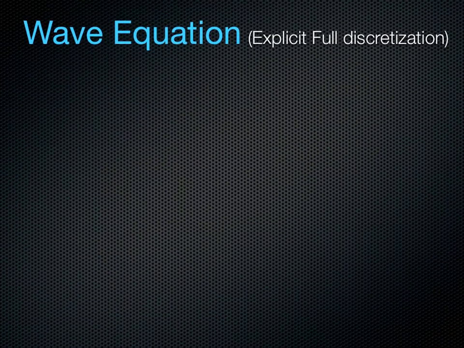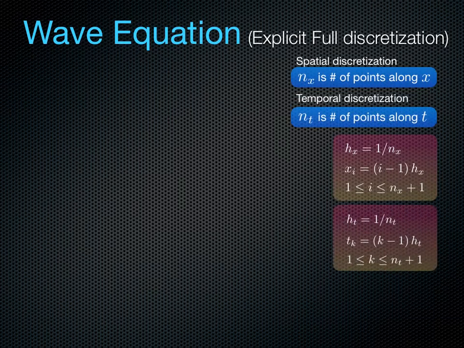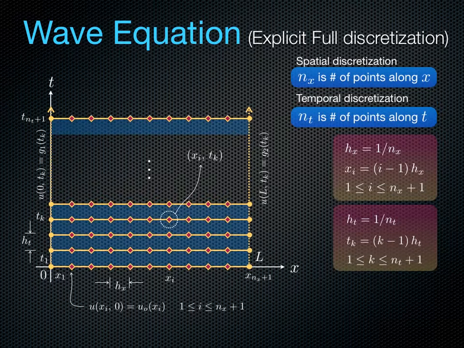So let's talk about the explicit full discretization. Jump to that particular method right away. So let's discretize the x variable with n sub x points along the x direction with spacing h_x, and discretize the time variable with n sub t points along the t direction, and obtain those discrete time instances, time slices, as well as the discrete x locations.